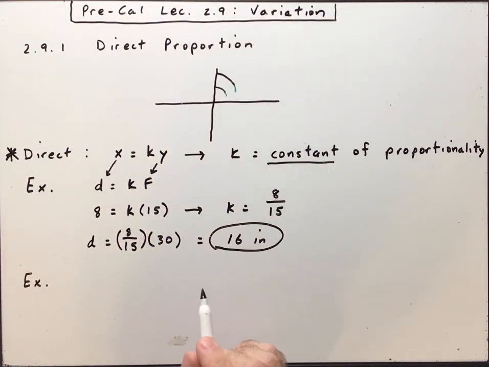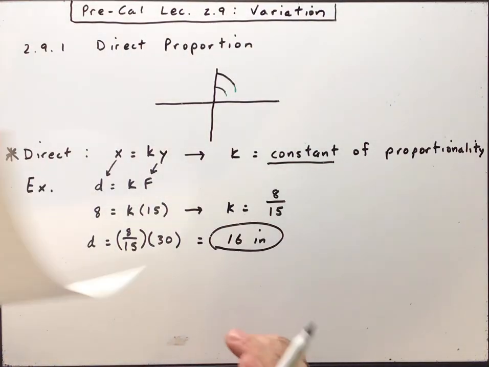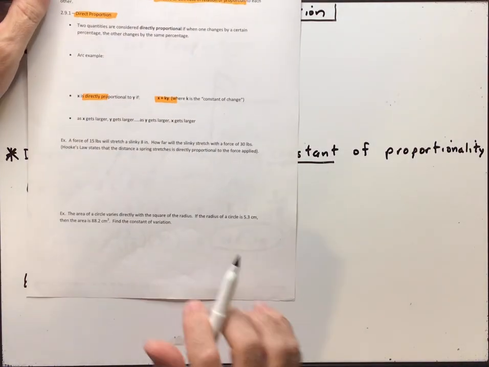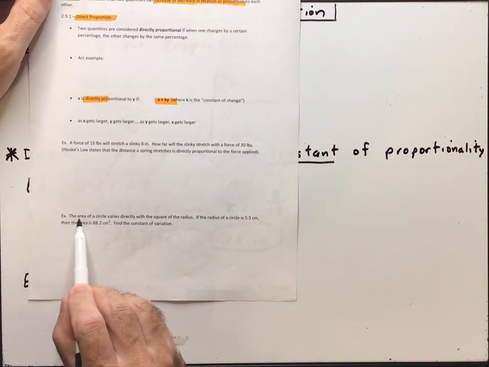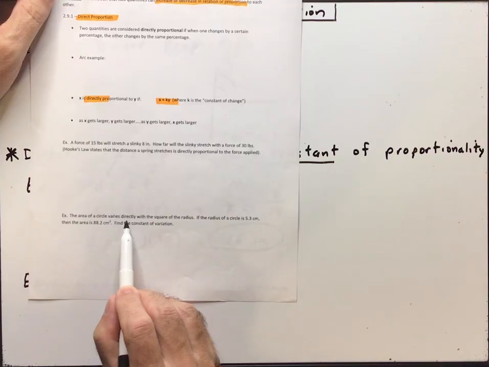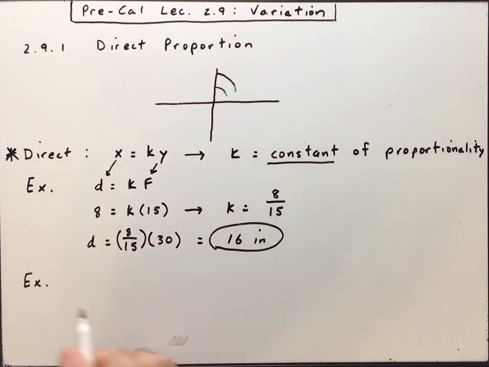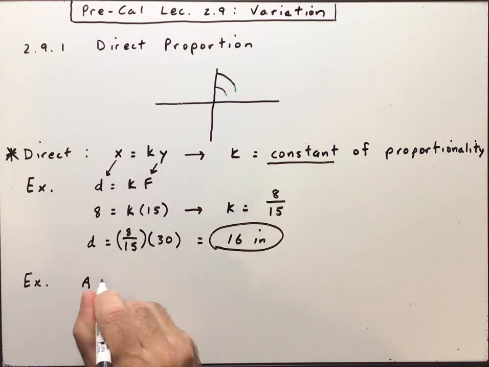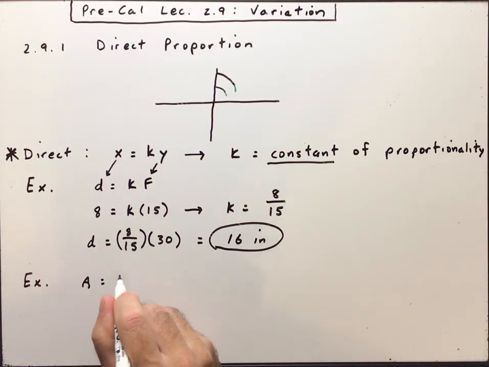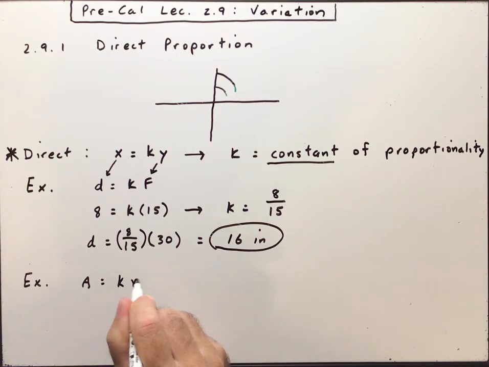All right, so the way you want to do it is read the sentence. It says area varies directly with the square of the radius. So go from left to right with your equation. Area is equal to the constant times the square of the radius.